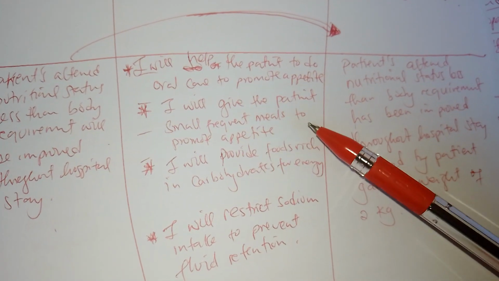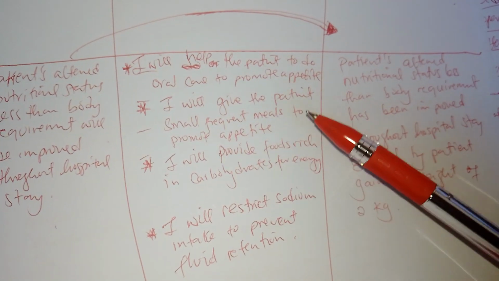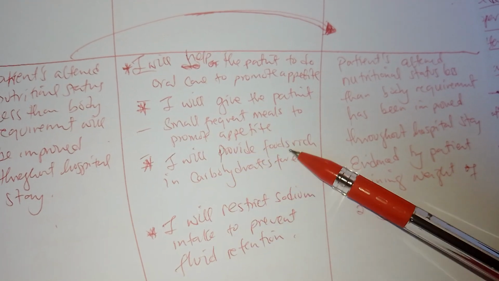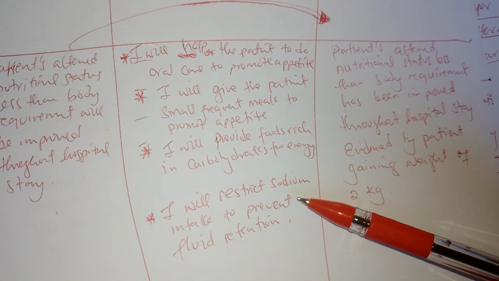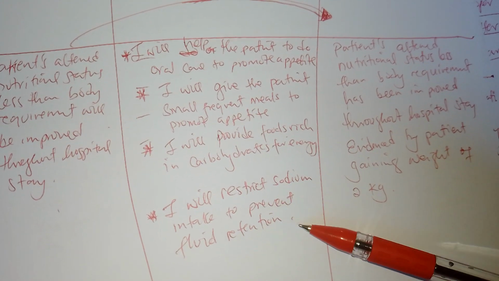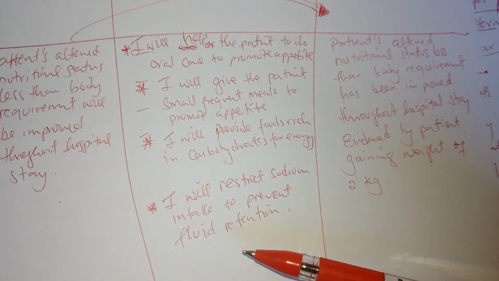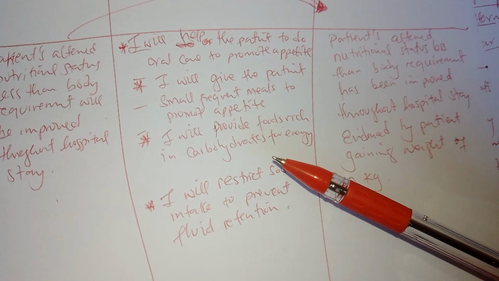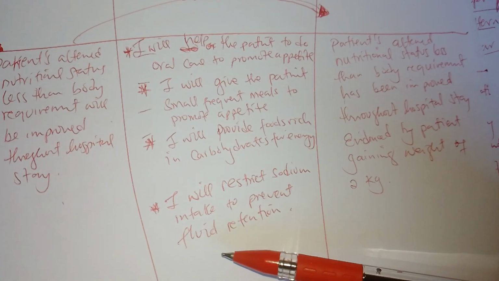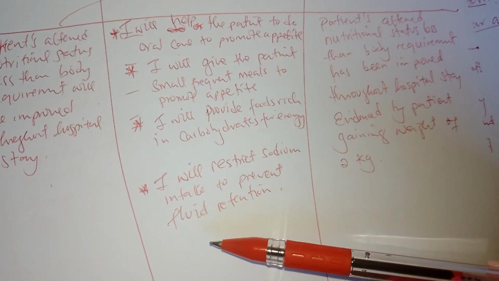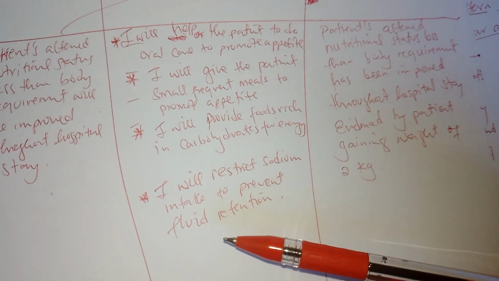I will give the patient more frequent meals. I will provide foods rich in carbohydrates for energy. I will restrict sodium intake to prevent fluid retention. Then you can also add, maybe, I will weigh the patient. You want to see if the food you are giving is helping or not, if the patient is still losing weight, and so on.